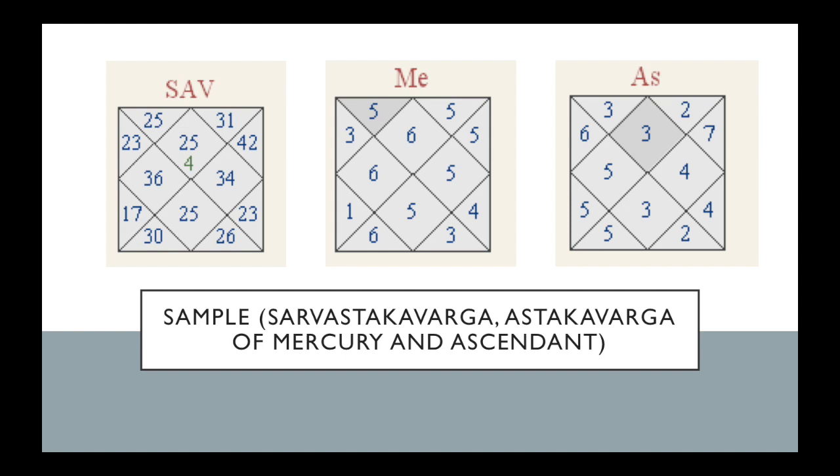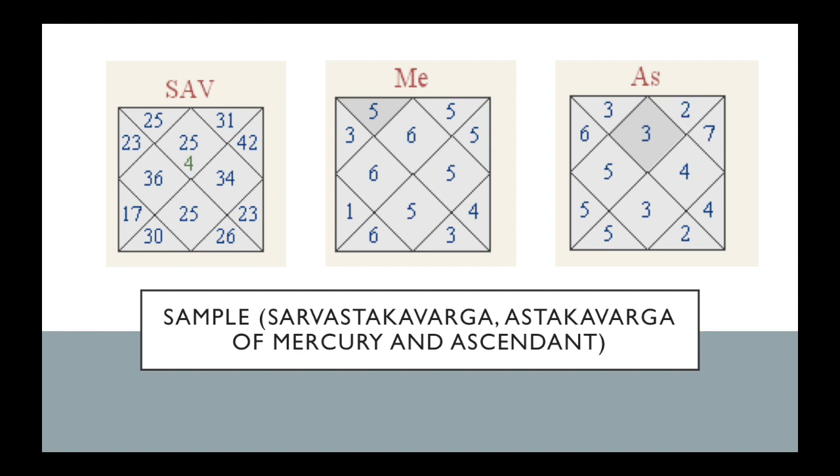Please understand, this is only one way of looking at the chart, and I always say this, do not come to a conclusion only by looking at your Sarvashtakavarga points. But definitely you can look at this as one part of analysis and see which are the houses which will give you support.